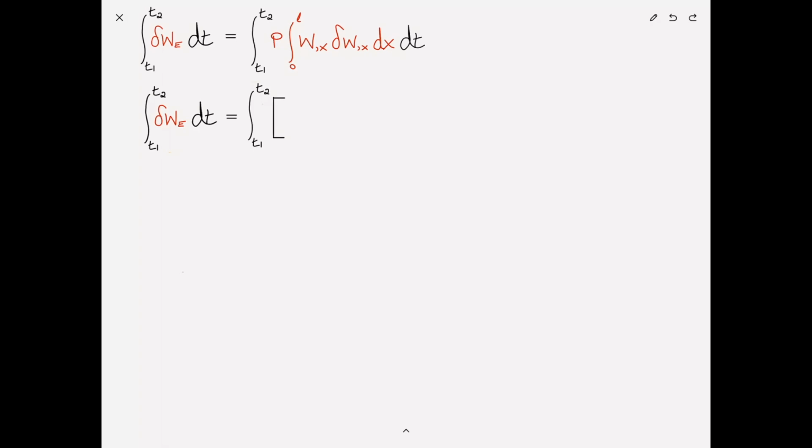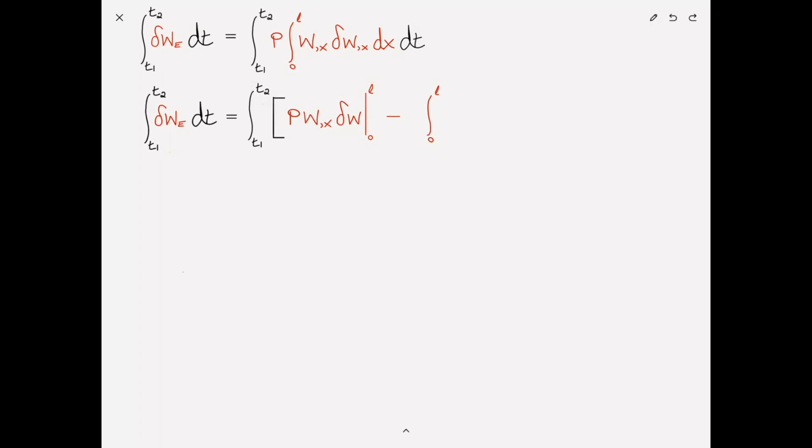now remember what we're going to do. We're going to take this part as the boundary term and just remove the derivative from the del w. So that gives us P w,x del w, evaluated at 0 and L. Then minus, very important, the minus sign. We take the integral, but we put an extra derivative on the w,x.